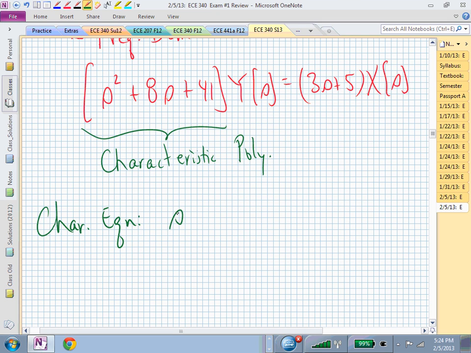The characteristic equation then is s squared plus 8s plus 41 equaling 0, where we might even call that Q of s for the characteristic polynomial. And now we need to find the roots of that.